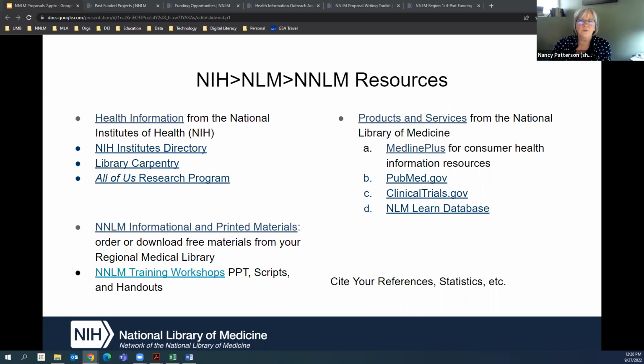So these are resources that you will want to consider including in your proposal in terms of how it's going to help you with whatever audience you're working with. As we talked with Portia about Medline Plus earlier, the big three generally are Medline Plus, PubMed, and clinicaltrials.gov. One of the things with clinical trials that's really neat is you can see the most recent information now.